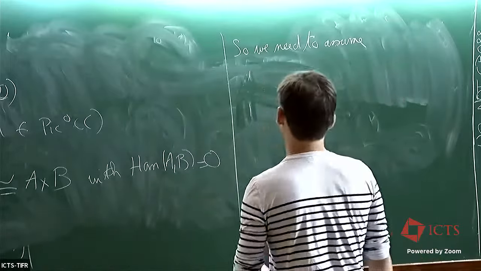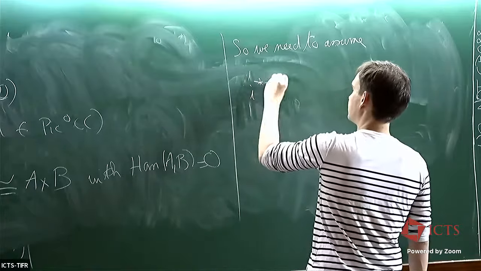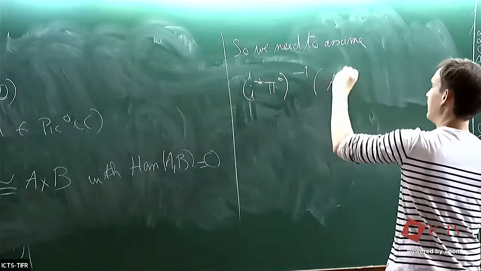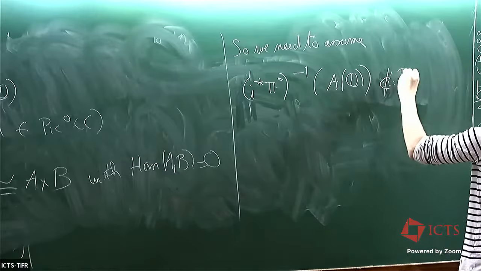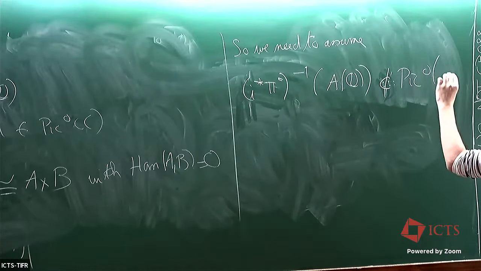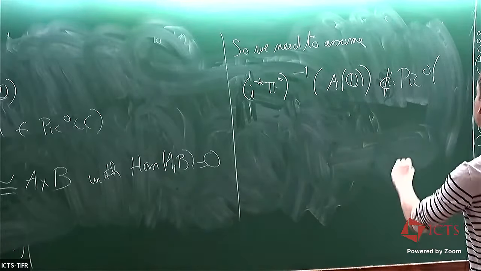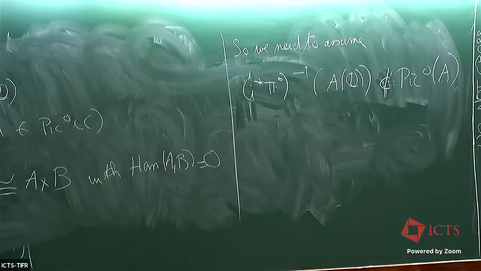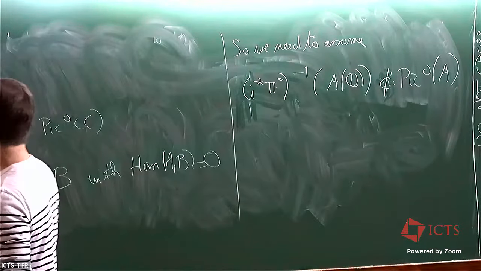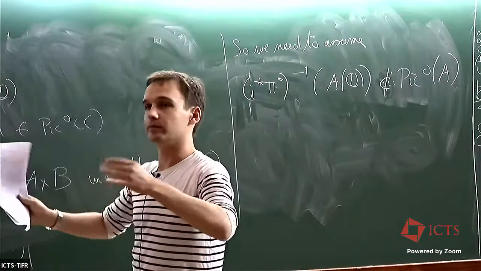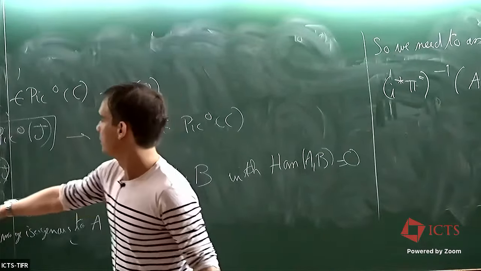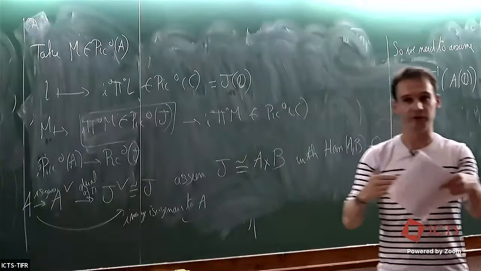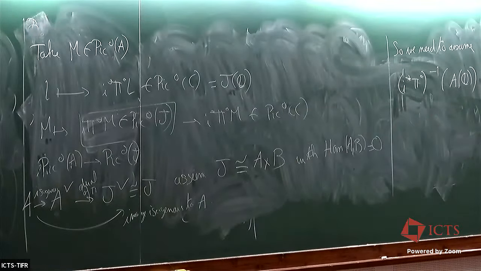Say that I star pi star -1 of A of Q is not contained in peak 0 of A. In other words, we want to ensure that there is an L here, not in peak 0, so that the image actually lands in A of Q. And if it lands in A of Q up to some torsion, which is fine, up to some multiplication, we can simplify it by a choice of M that will give us the compensation, right? But that is the right hypothesis.